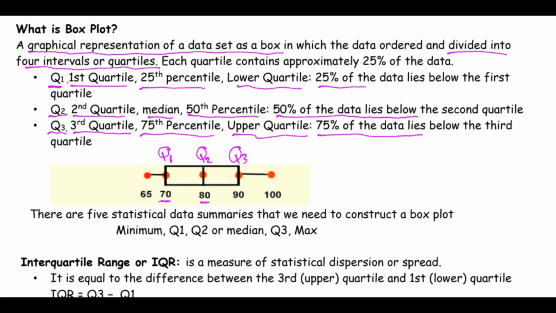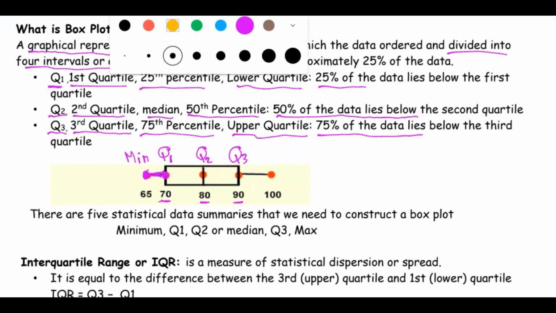The third quartile, or the value for the third quartile, is 90. Now, below the first quartile is 25% of the data, and the value that the graph starts with is the minimum. So from the minimum to the value of the first quartile, we have 25% of the data.